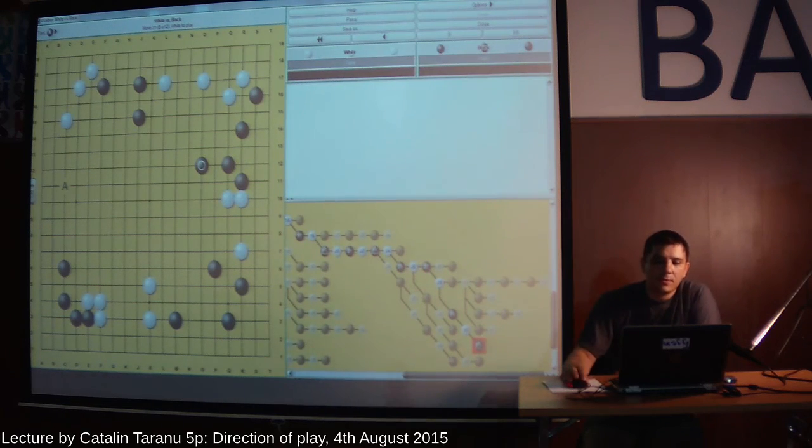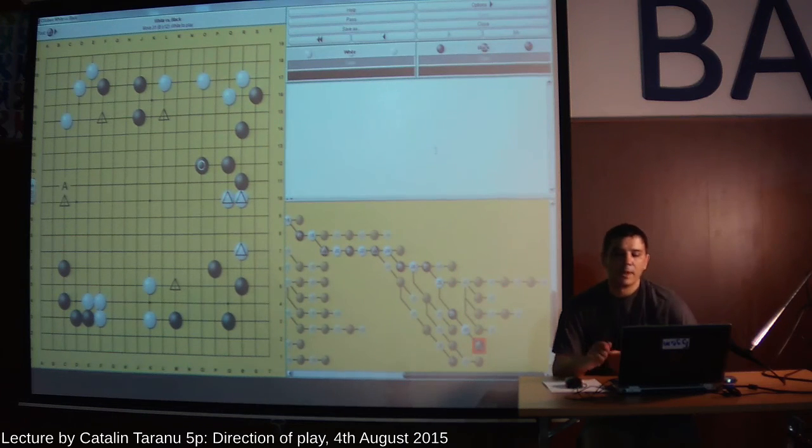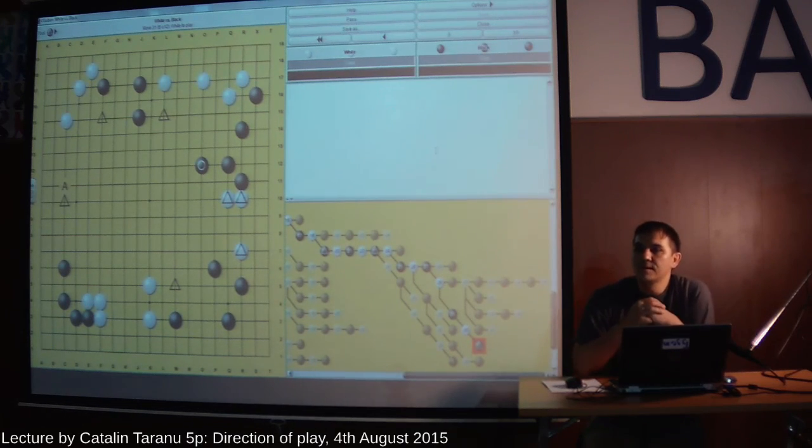Shall we save the weak group on the right side? Shall we try to get this kind of nice point here? Shall we try to separate black? Or shall we try to attack this group even more? Or shall we try to develop the left side? Those kinds of things are what we can ask ourselves in this kind of position.